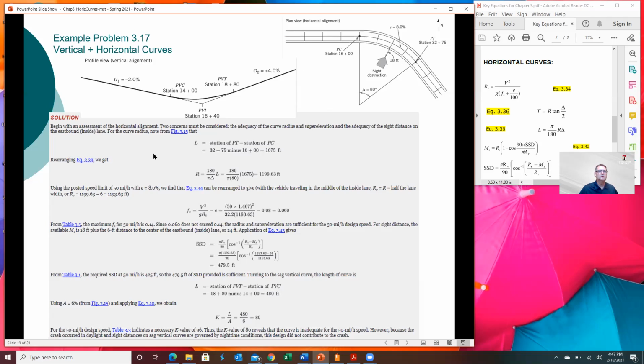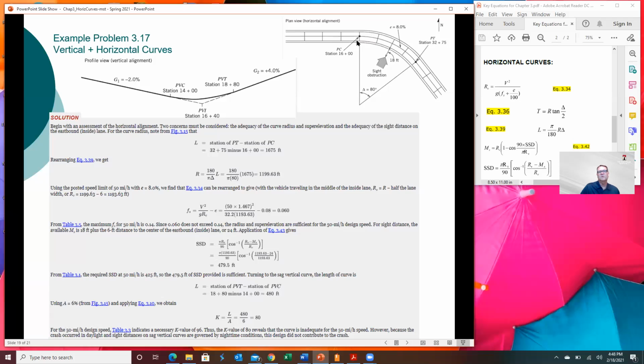So what we'll do is begin with an assessment of the horizontal alignment. As they mentioned, there are two concerns: the adequacy of the curve radius and the superelevation, and the adequacy of the sight distance on the inside lane.